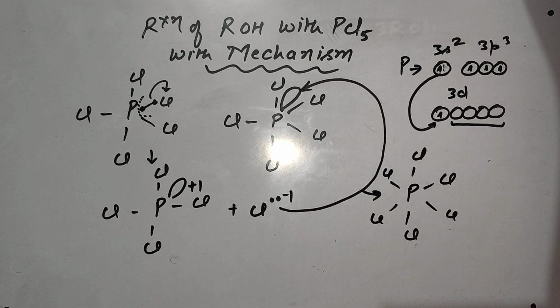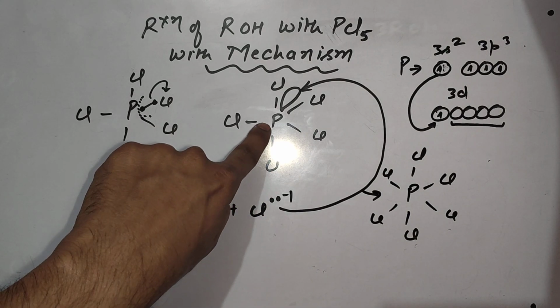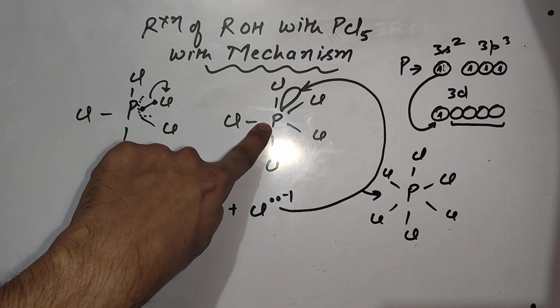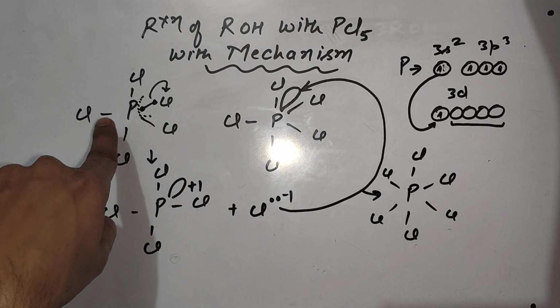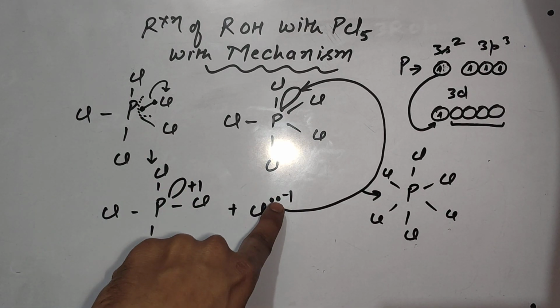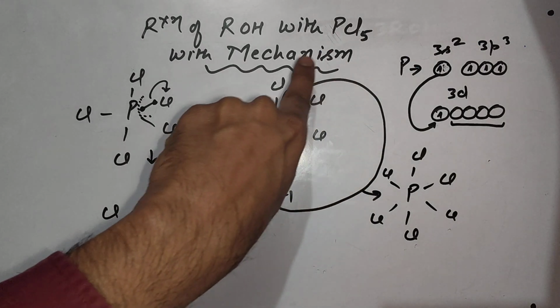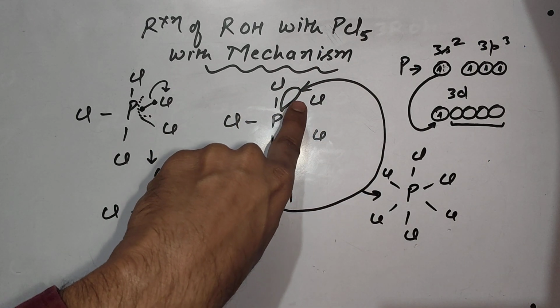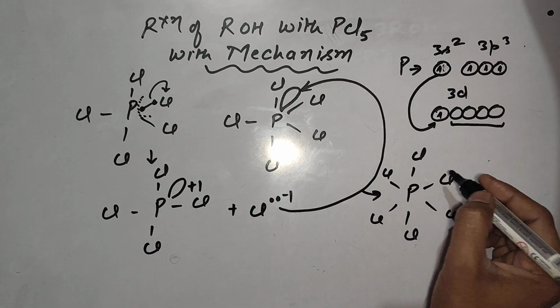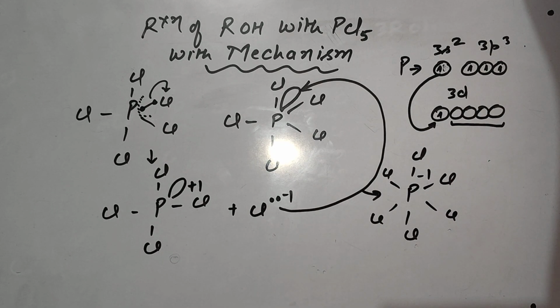And what will be the charge? Negative charge will come on this P, because Cl is going to deliver one of its extra electrons to this P, and initially it was neutral. After getting one more extra electron, its charge will become -1.